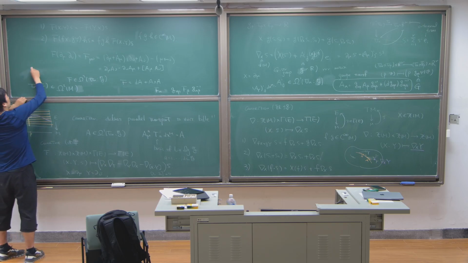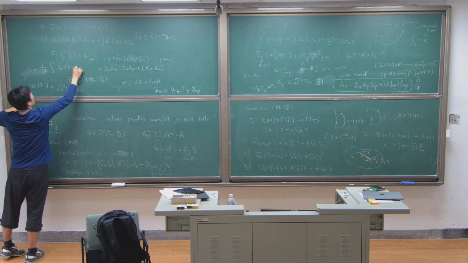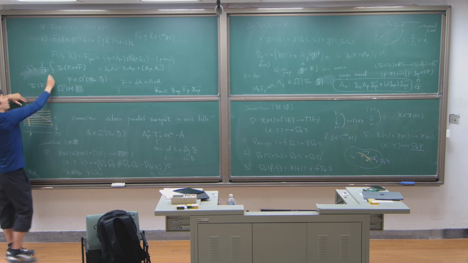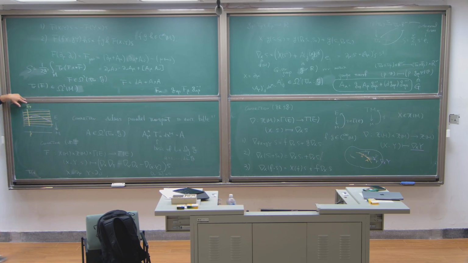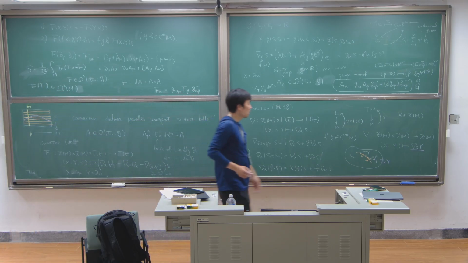And for Yang-Mills theory, S is equal to the integral over M, where we take this Hodge star.